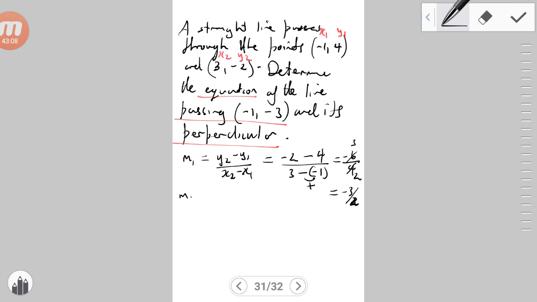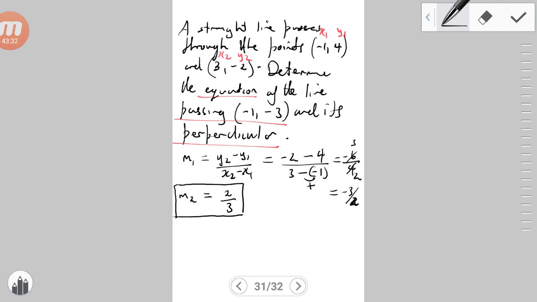So from what we just discussed earlier, once we know what m1 is, then we can actually find m2. Because m2 now is going to be the negative reciprocal. We're going to turn this upside down, and we're going to get 2/3. And check to see it was negative, so it's now positive. So this is the gradient that we are now interested in. We're no longer interested in m1.